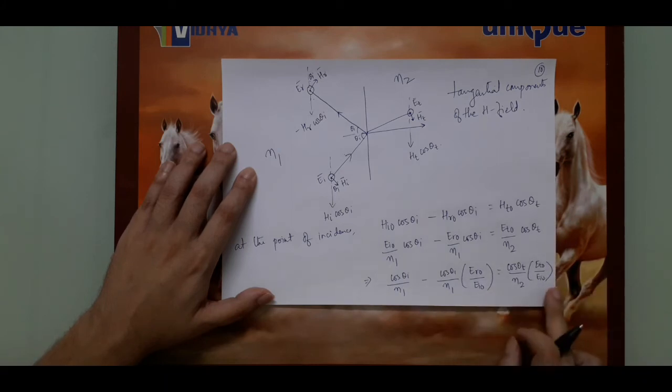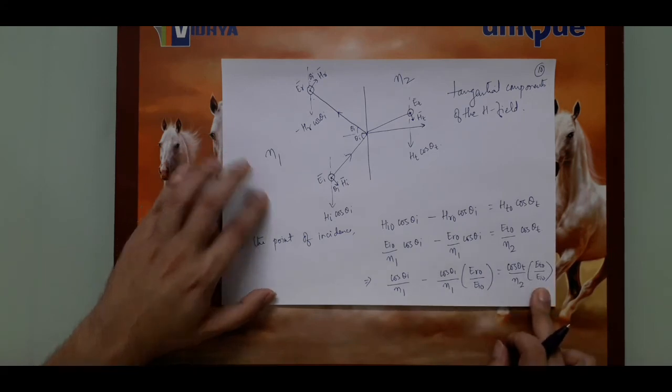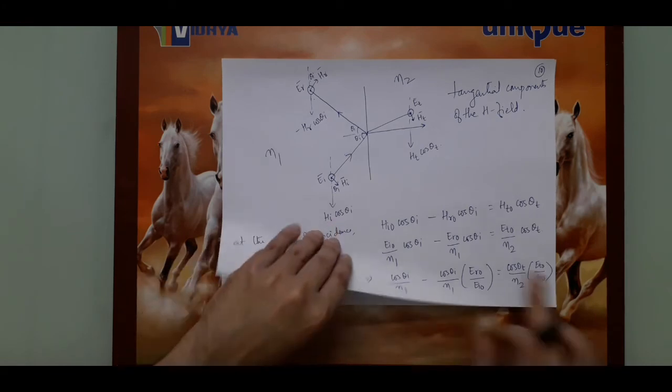Now these two terms we have already defined. This is the reflection coefficient and this is the transmission coefficient. So rewriting this, we will get the following equation.